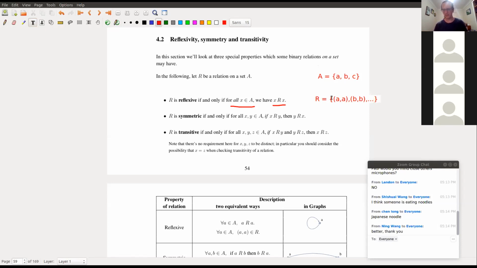So this one is always an element of the relation. If all these are in here, it's called a reflexive relation. Don't ask me why they call it reflexive. Sort of pointing back at itself, I guess.